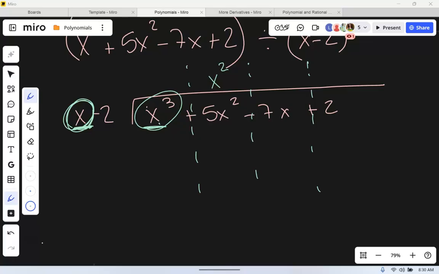Okay. Kaysen, what do we do next if we are doing long division in that problem? You multiply around, right? 1 times 5 gives you 5, and you write it where? Underneath.